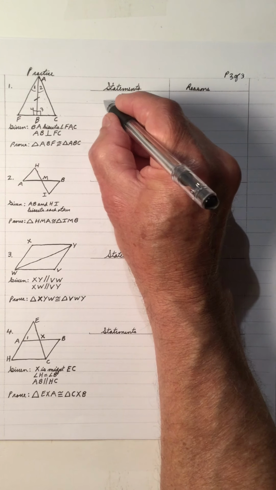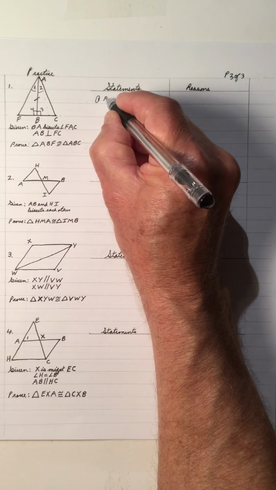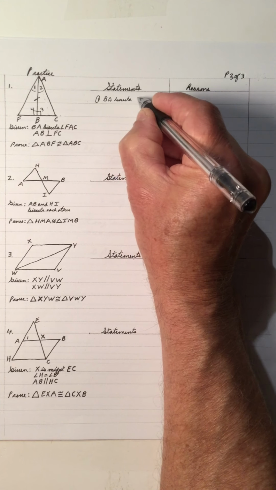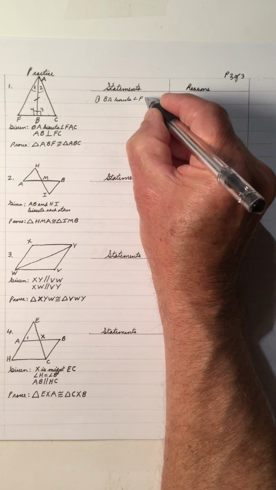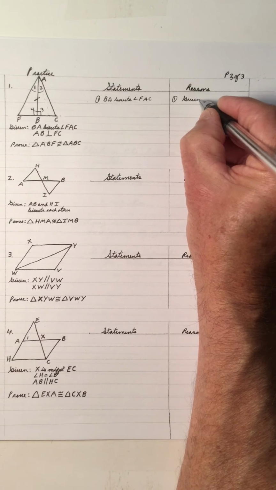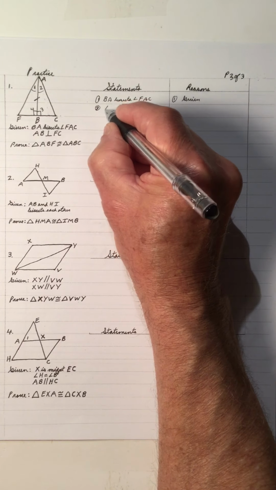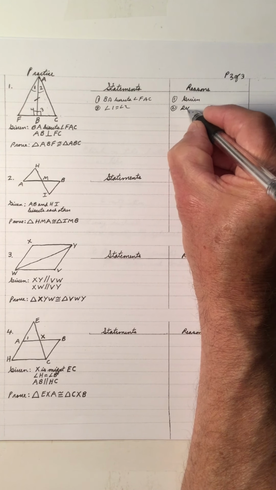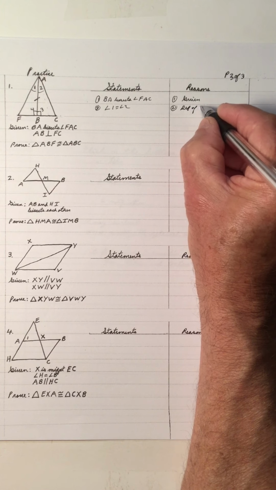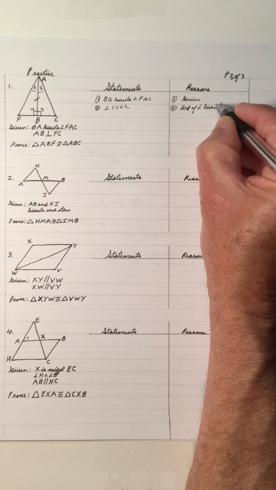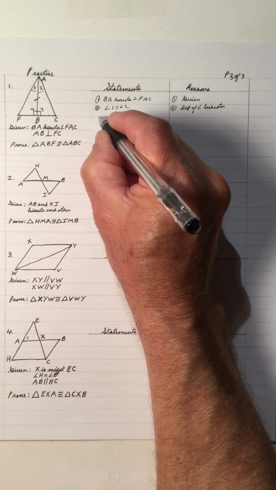So here we go. BA bisects angle FAC, given. Angle 1 equals angle 2, definition of angle bisector. You bisect an angle, you get two equal angles.